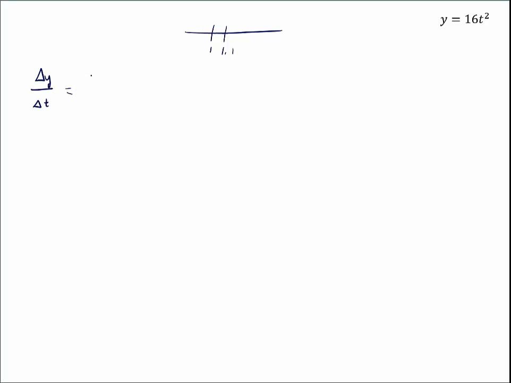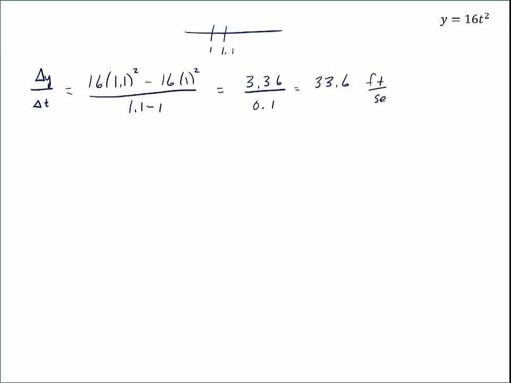So I plug everything in, 16 times 1.1 squared minus 16 times 1 squared, all over 1.1 minus 1. I get 3.36 over 0.1, which actually gives me 33.6 feet per second.